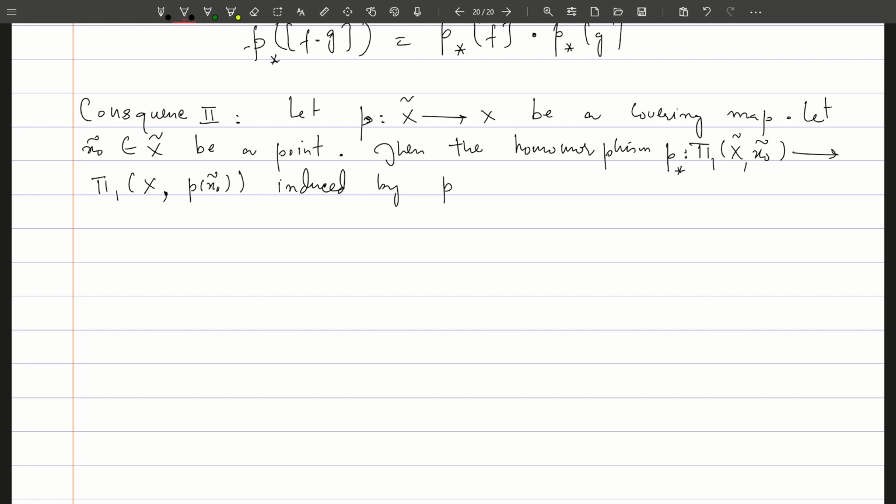So we know if this P is just a continuous map, then this P star is a homomorphism. However, if P is covering, then this P star is injective as well.